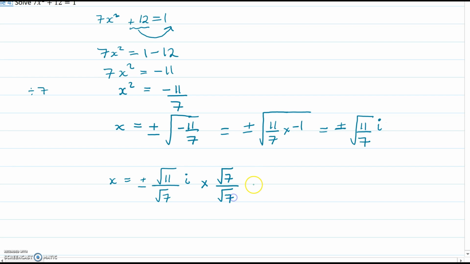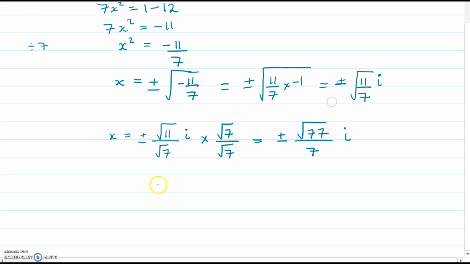Okay, so that'll leave us with plus or minus the square root of 11 times the square root of 7, which is the square root of 77, over the square root of 7 times the square root of 7. Well, the square root of 7 times itself, we just remove the square root sign, so it's 7, and it's going to be i.